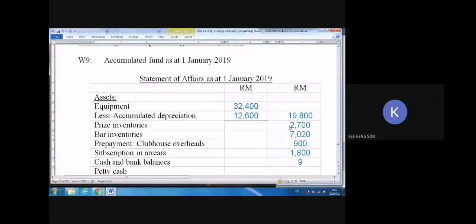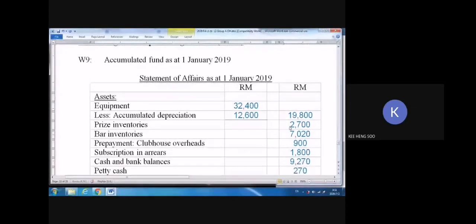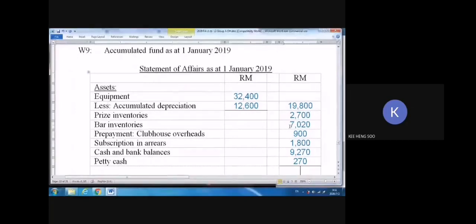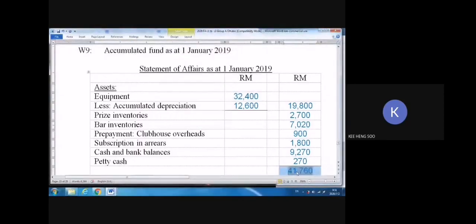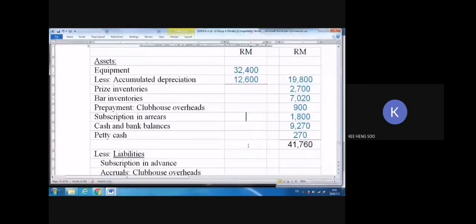And don't forget you got petty cash 270. So in this format, I just want you to total up all the assets. This is a different format from what you see in the tutorial. Then from all your assets, you less liabilities.